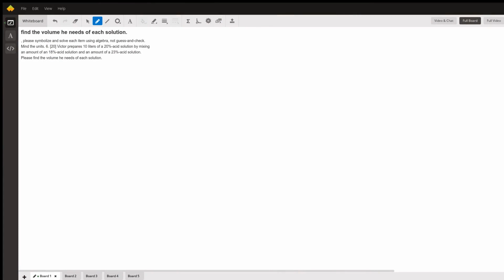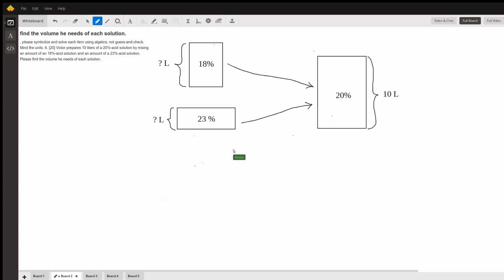We have an algebra problem here, and the first step to solving this kind of problem is usually to visualize it. I created this for you, where we have 3 boxes.